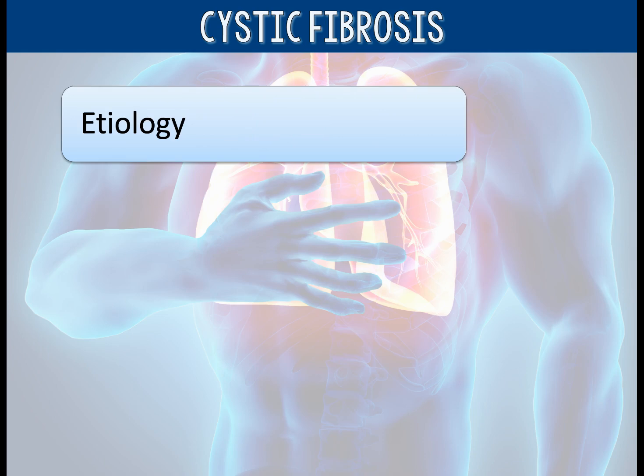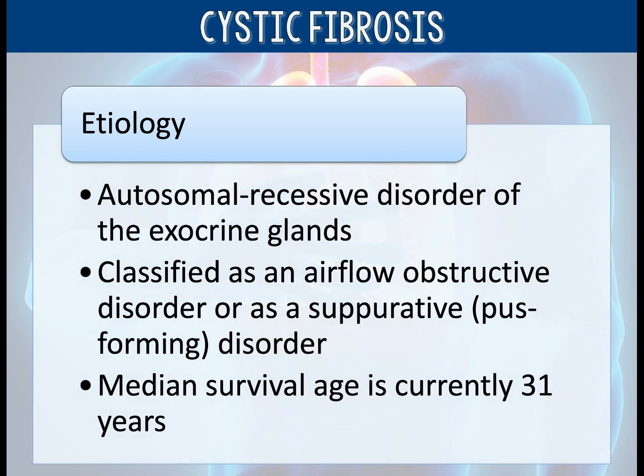So, cystic fibrosis is an autosomal recessive disorder. It is the most common genetic lung disease in the US, but it's usually more in Caucasians. It's very rare in African Americans and even rarer in Native Americans. It is almost never seen in the Asian population. Approximately, I think they said, 30% of cases of cystic fibrosis are in individuals who are older than 18 years of age.